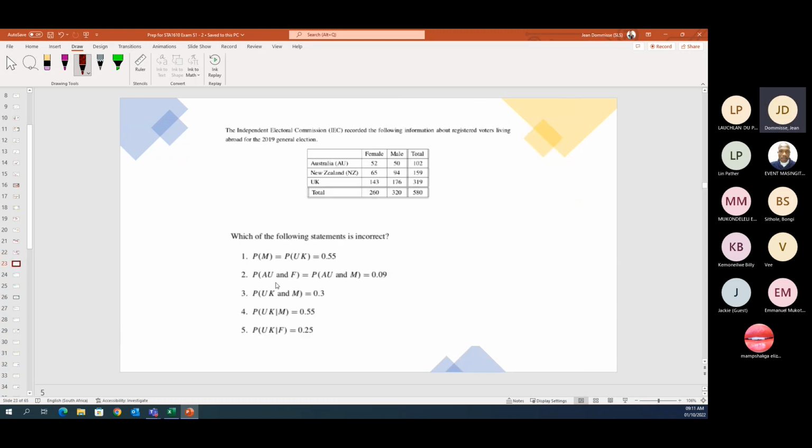But let's look at the probability of male. Okay, so they said what's the probability of male is, and we did work it out, so it's 320 divided by 580, which does give us 0.55.